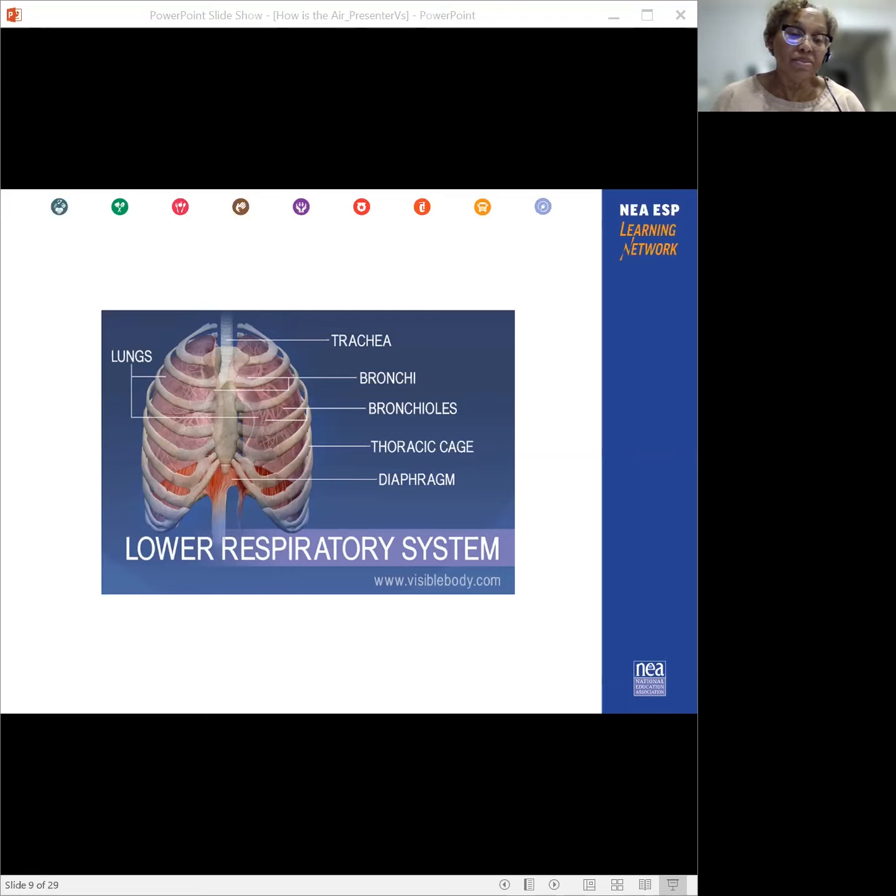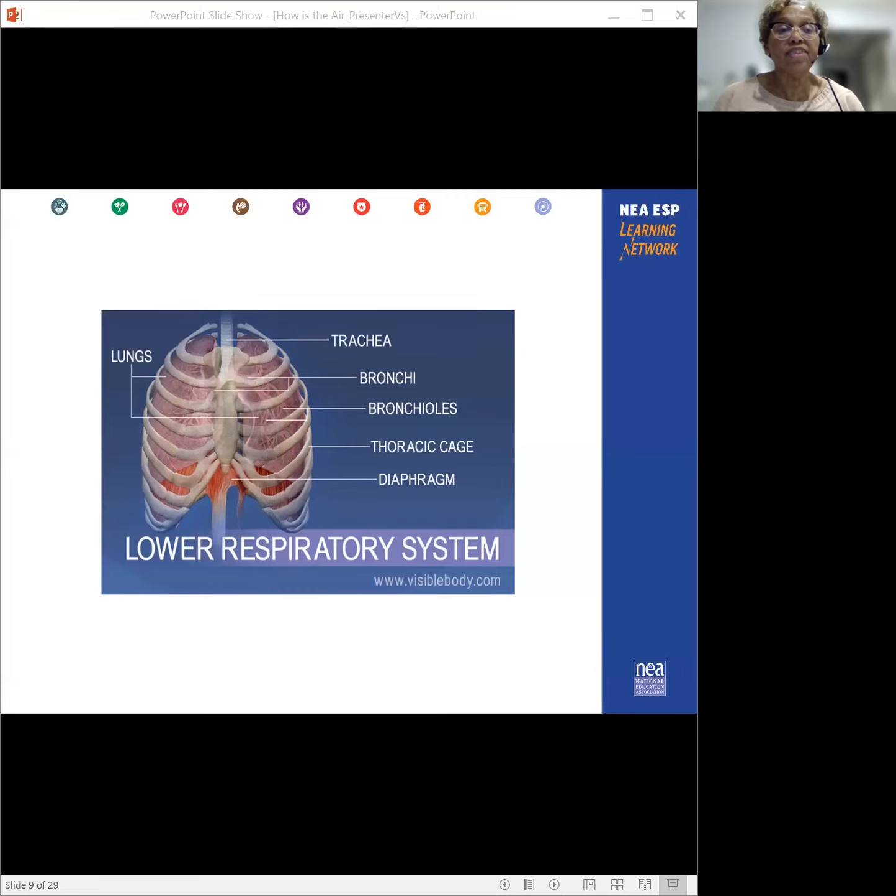Now, remember, this isn't a medical course or anything, so we just wanted to mention this briefly, because it's very important to understand how the air is getting in our body. What's mentioned also in this diagram is the diaphragm and the thoracic cage.